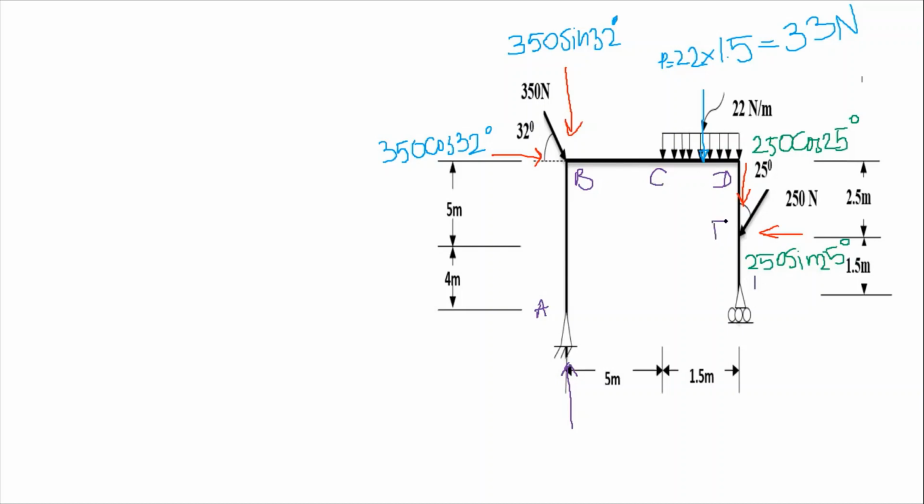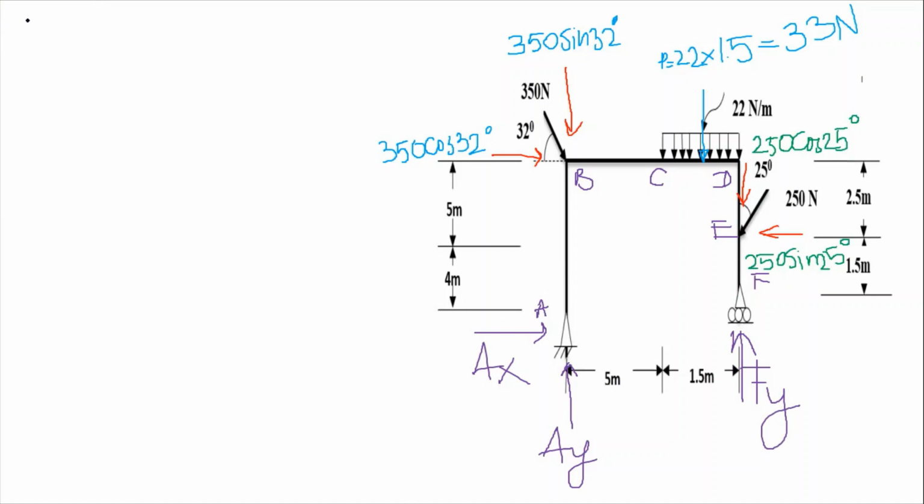This is E. Wherever the load comes, we will give its point. This will be AY, this will be AX, and this will be FY. Now we have to sum up moment at point A.